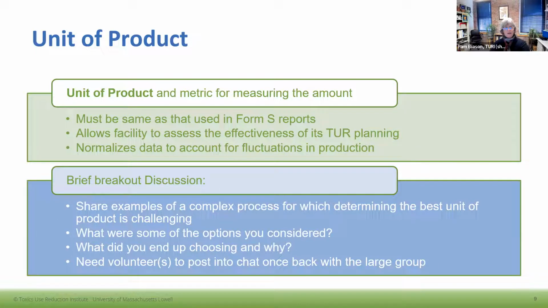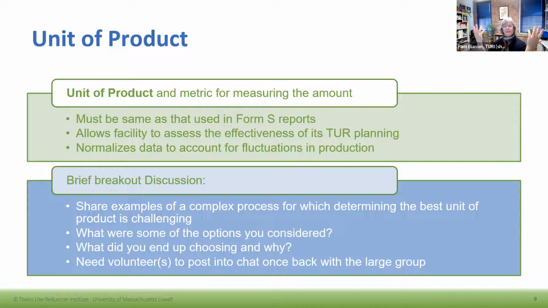It helps you to really assess how effective you're being at reducing your use of toxic chemicals. And it normalizes data so that regardless of how production may be fluctuating over time, you're still able to compare on sort of an apples to apples level.